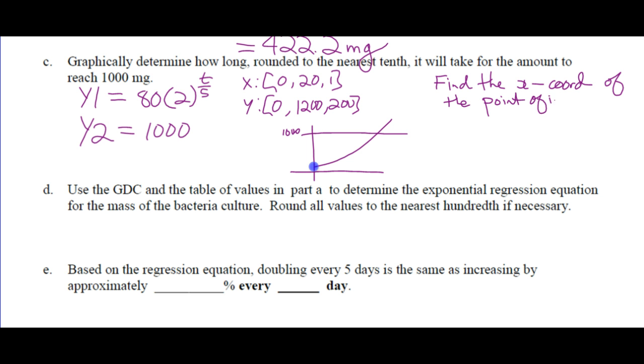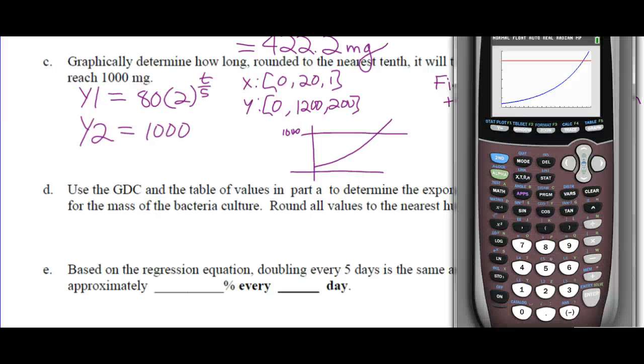Okay, so at a graphical determine, show your y1 and y2, show your window, draw a little sketch, say what you're doing. We're finding the x-coordinate of the point of intersection. And what are we rounding to? The nearest tenth.